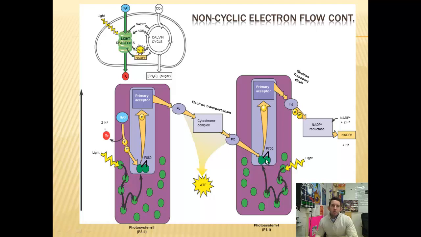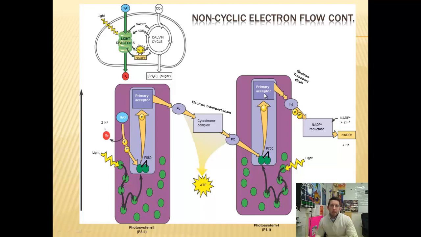We talked about the excitation of those electrons. So here goes that electron being bumped up to a higher energy state. If this primary electron acceptor wasn't here, we talked about how that would fluoresce, it would glow, but it is there. So this primary electron acceptor grabs that electron and starts kind of a chain reaction.